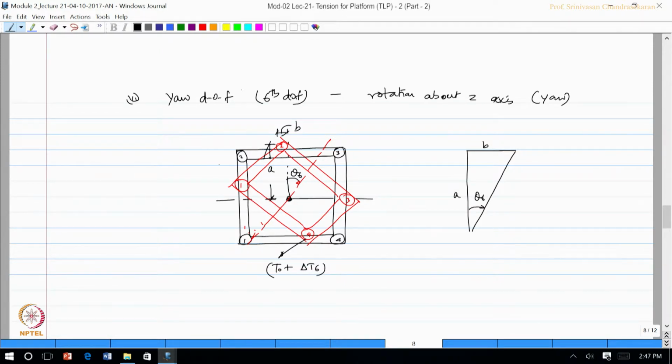This leg will also now undergo a new tension, T0 plus delta T6, and similarly all of them. That is how the rotation happens. So, now the cable length will increase by a small amount, which I call L1, which will be the root of L square plus theta 6 square of A square plus B square, with reference to this figure.